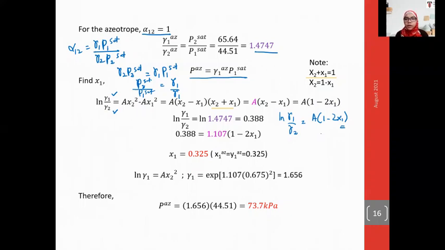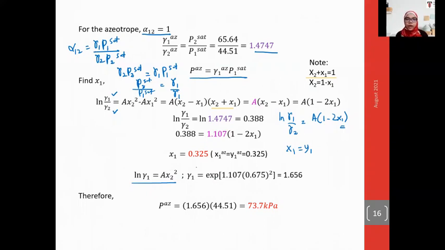Finally, you can obtain the value of x_1. To comply with the azeotrope, x_1 equals y_1, so we can conclude that the composition of the azeotrope is also equal to 0.325.